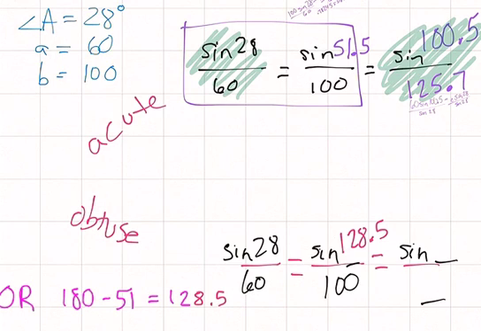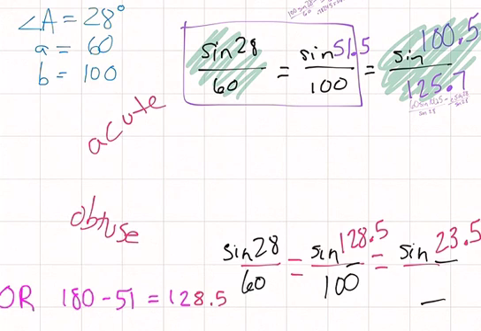If we came up with this obtuse angle and there's not enough degrees left in the triangle, then we'd have to say, okay, this doesn't work. But if I took 180 minus 28 minus 128.5, I'm coming up with 23.5 degrees as my other angle. Quite a bit different. Now angle C is my smallest, so it shouldn't have the largest side length.